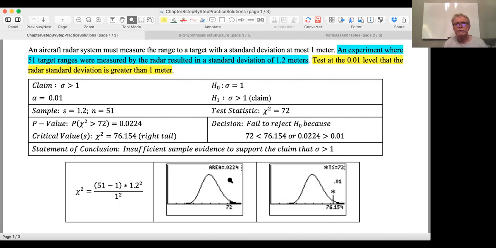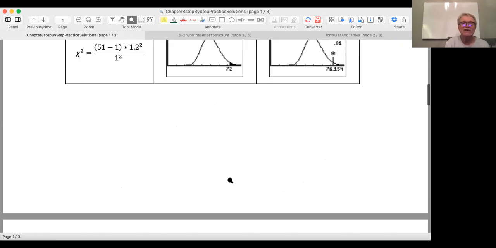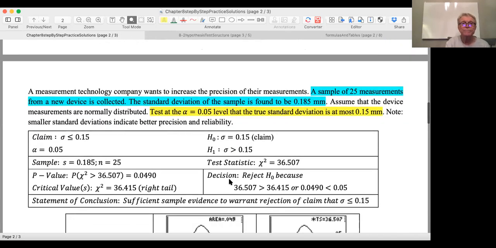Let me repeat that, because it is important to remember. If you're using the p-value approach and you have a p-value and you know what alpha is, you determine whether a test statistic is unlikely by comparing the p-value to alpha, and you say it is unlikely if the p-value is less than or equal to alpha. Okay, let's go look at the next one.